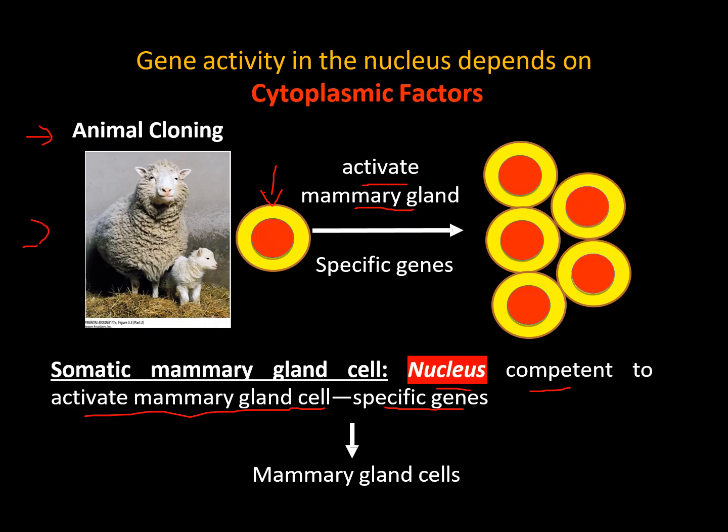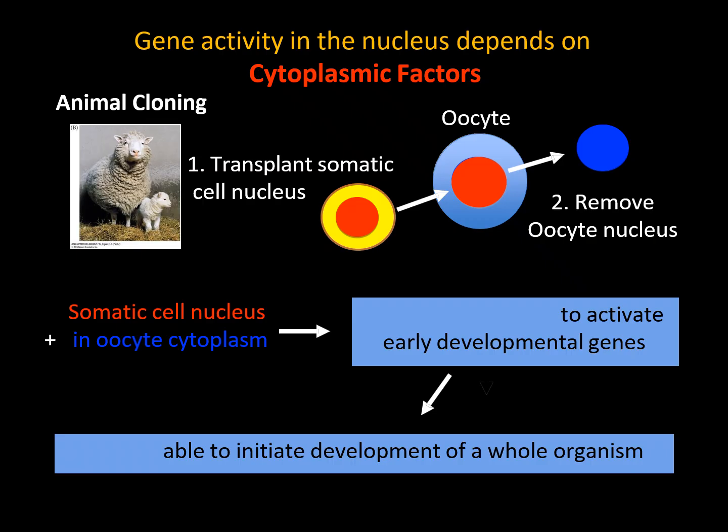So at this point, this is following the postulate of genetic equivalence. But now let's see what happened later. What we did later is we put the same nucleus here, and we removed the nucleus of the oocyte. And now what is happening? Now the nucleus is competent to activate early developmental genes.